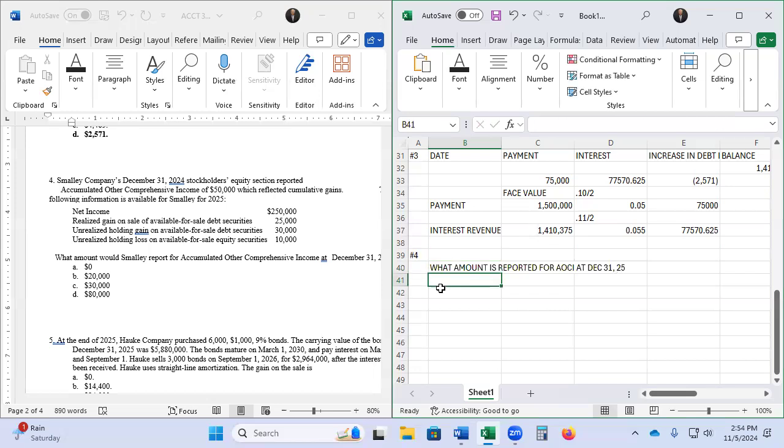Okay, so it's asking you what amount is reported for other comprehensive income at December 31st, 2025. So it tells you the beginning balance is 50,000.